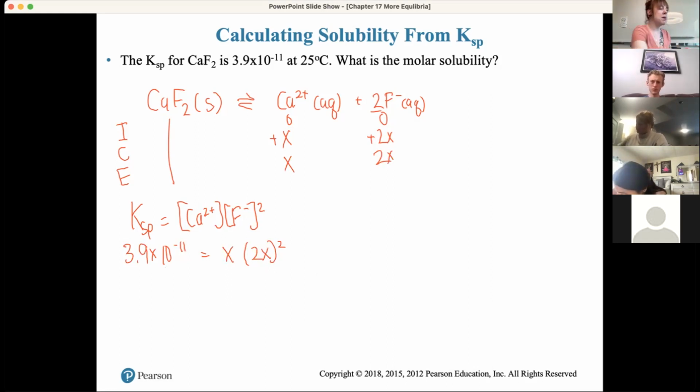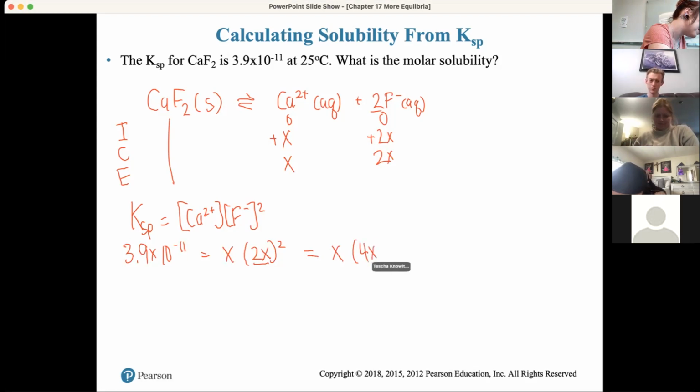So now we need to square both the 2 and the X. So what's 2 squared? 4. And what's X squared? X squared. So we have X times 4X squared, so that equals 4X cubed.